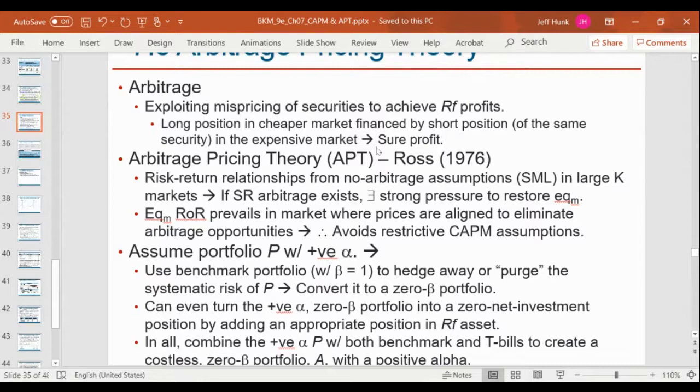Buy low, sell high can also happen in the short run as long as there is mispricing in the market, right? Otherwise, buy low, sell high, which is called a long position or go-long strategy, can happen only in the long run.